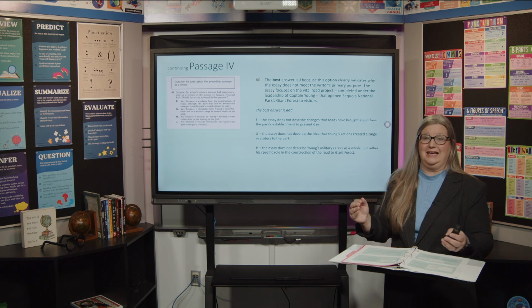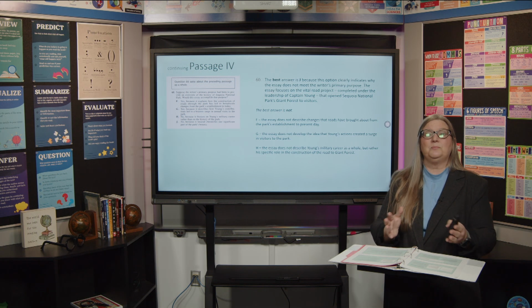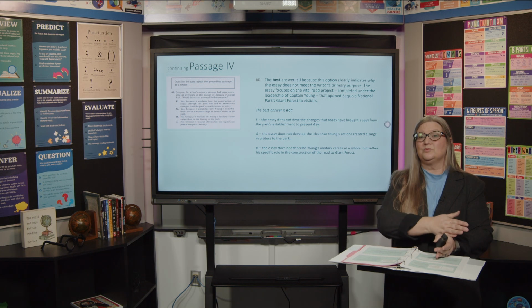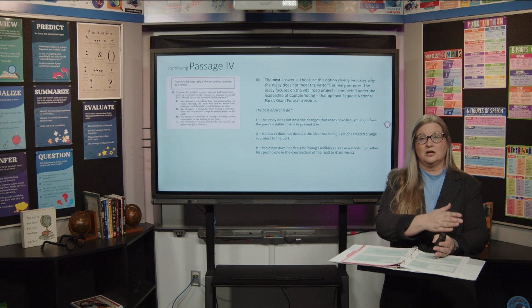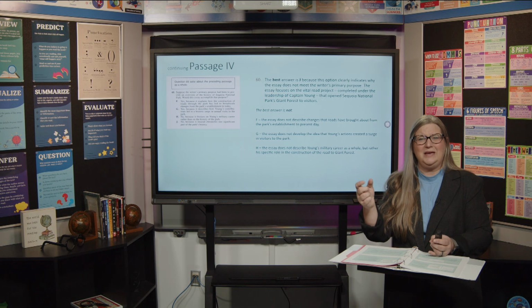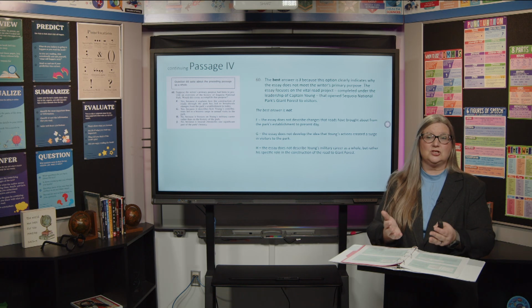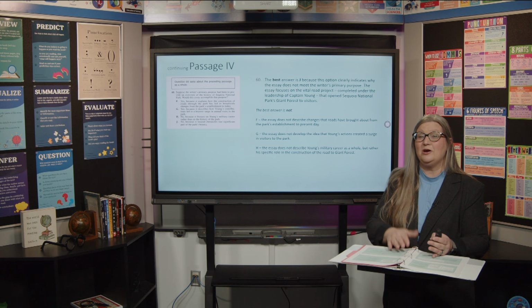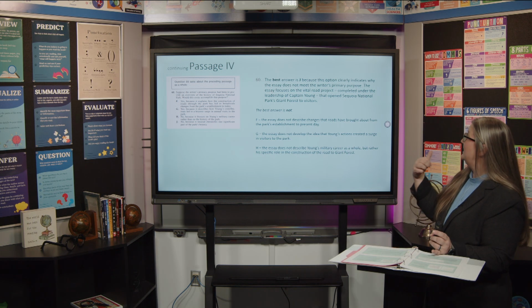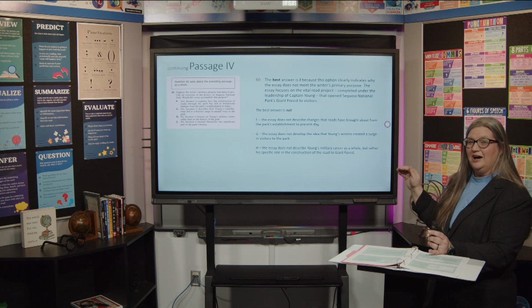And so it does not, right? It does not give a proper history of the park. It's really only talking about Young's contributions. There are a few pieces of history embedded in there, but not enough to really give a history of the park. So let's look at why the best answer choice is J and why the others are not the best answer choice.